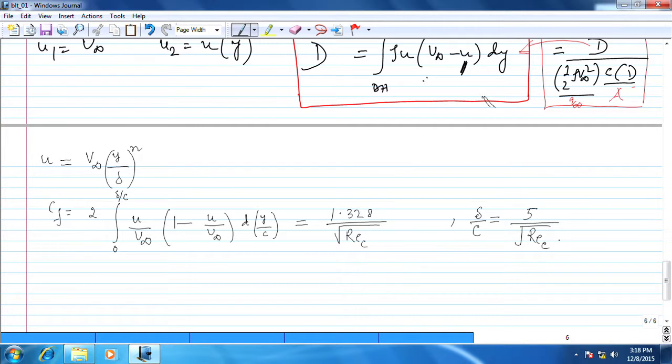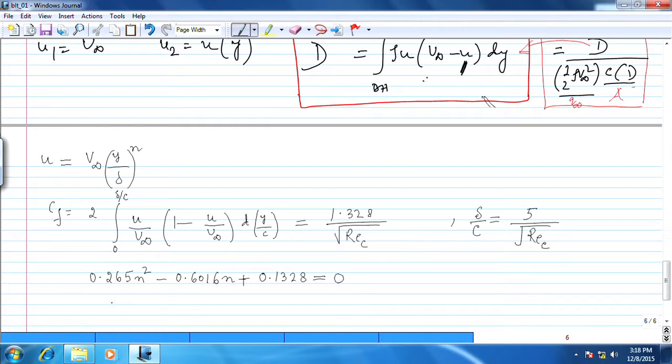If I do that, what I get from here is this equation: 265 n square minus 0.6016 n plus 0.1328 is equal to 0. This is an equation which one needs to solve.